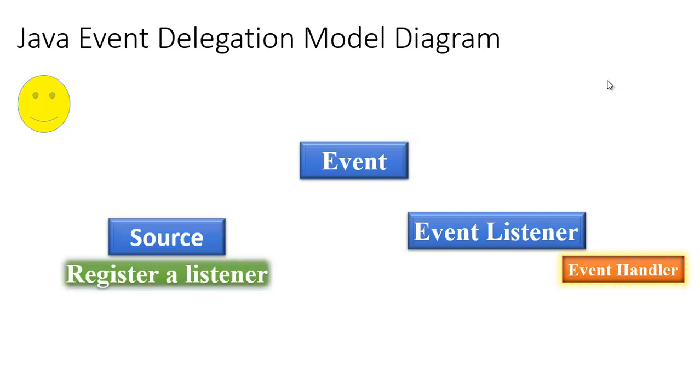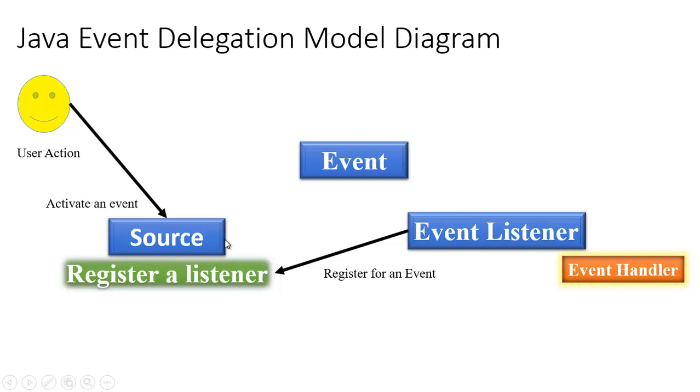The first thing is, in order for an event listener to listen to a particular event, it has to first go to the source, and then the source has to register that listener. Let's assume that our source is a button. So the user interacts with this particular button by either clicking on it or by taking some action on this source component, and this will activate an event.